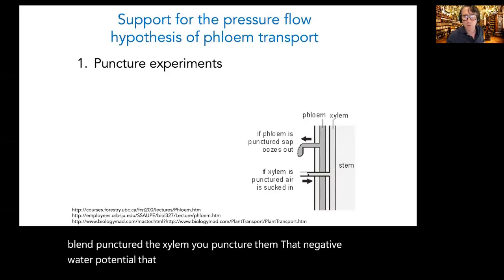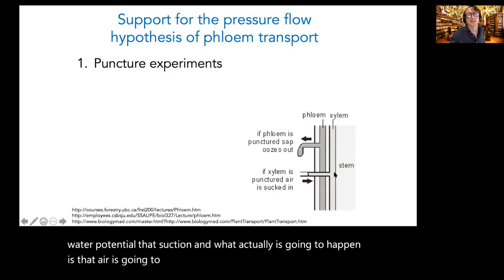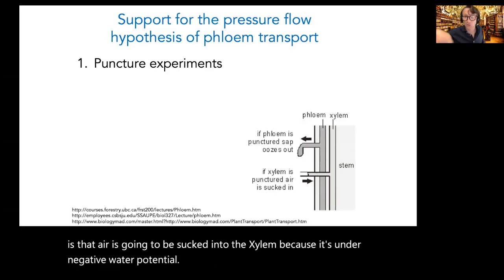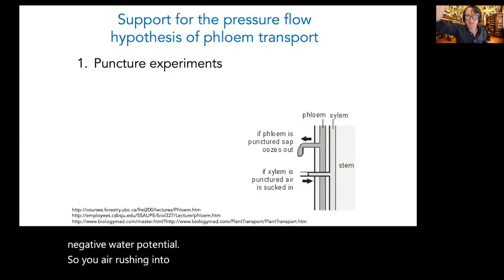And what actually is going to happen is that air is going to be sucked into the xylem because it's under negative water potential. So you'll actually see air rushing into the xylem as it basically forms an embolism and gets sucked up.